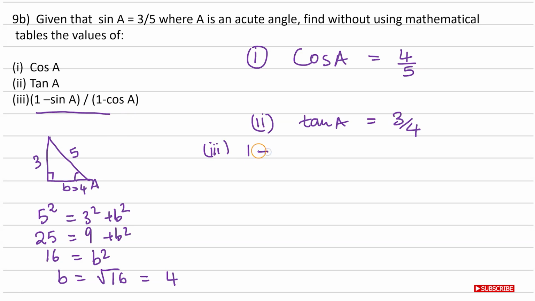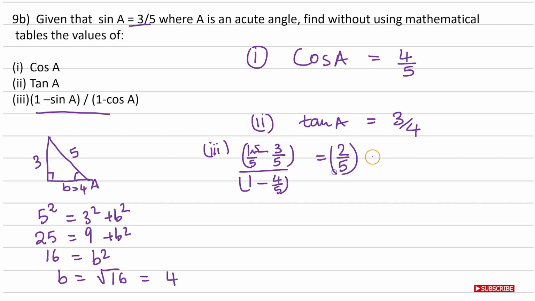1 take away sine A, which is given as 3 over 5, so 1 take away 3 over 5, over 1 take away cos A, which we now know is 4 over 5. So this divide by that. I'm going to simplify this. If you have the same denominator, you multiply that one by 5, so you will have 5 take away 3 over 5. 5 take away 3 is 2, so 2 over 5.